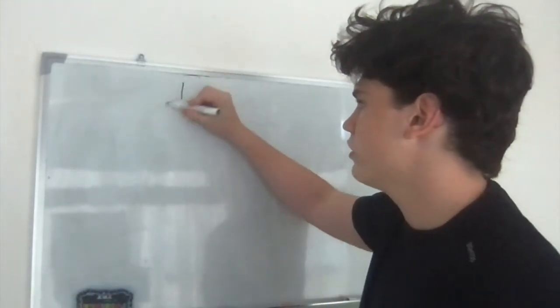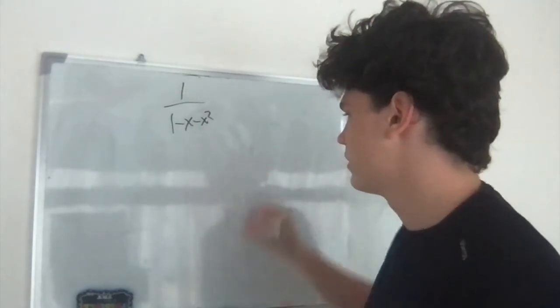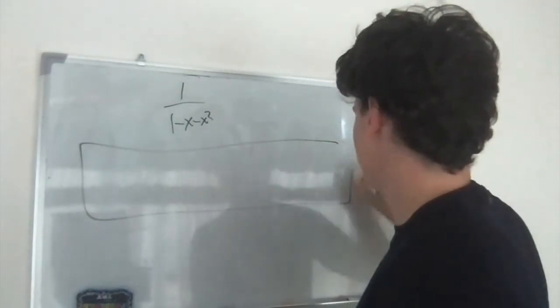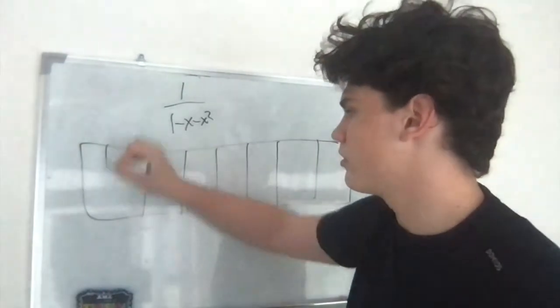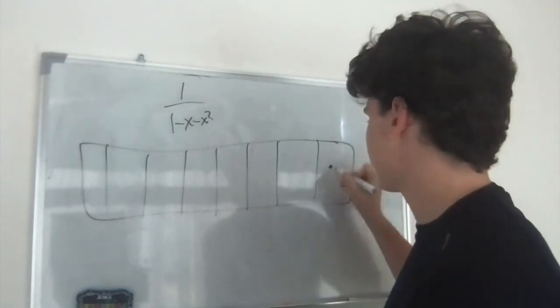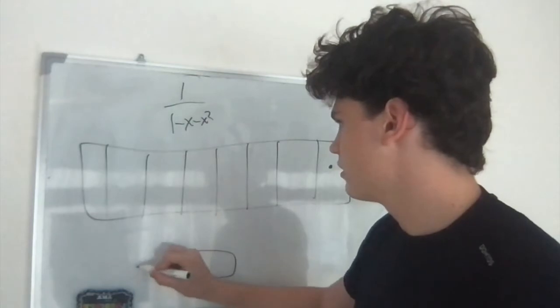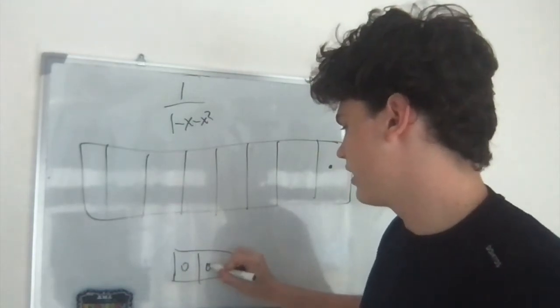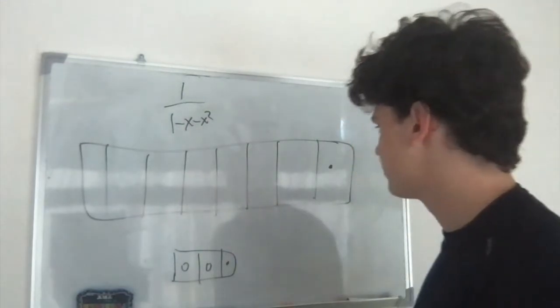Let's try 1 over 1 minus x squared, right? So we get this right here. Let's make a whole bunch of boxes for us to see what happens. So we have the dot there, and we're looking to divide by antidot, antidot, dot for this function right here, right?